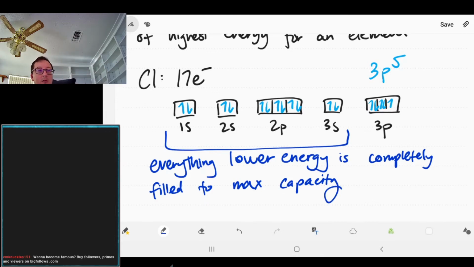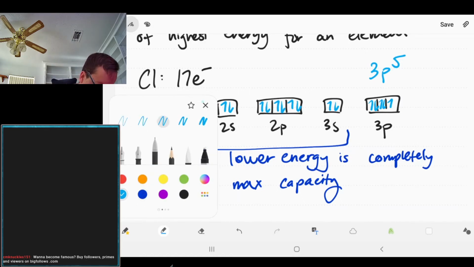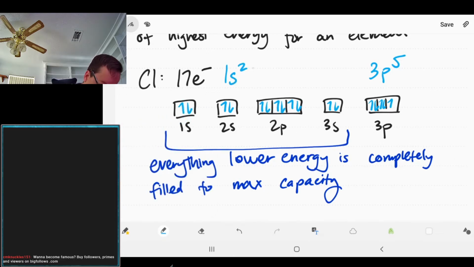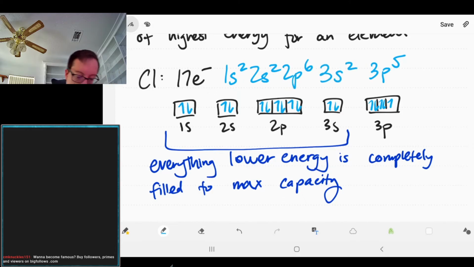And so, once we know the last electrons, the highest energy ones, we know that it also has every other lower energy electron orbital filled. Once we identify the end one, we just have to have everything else completely filled, and we'll have generated our electron configuration. If we were to write this all out, by the way, 1s2, 2s2, 2p6, 3s2, and then we have our 3p5.